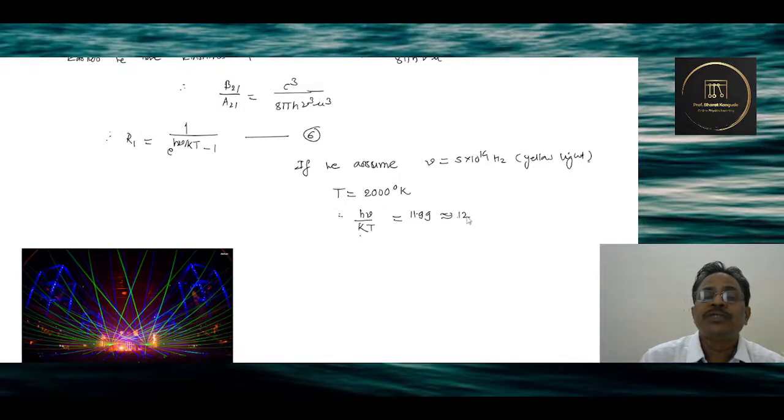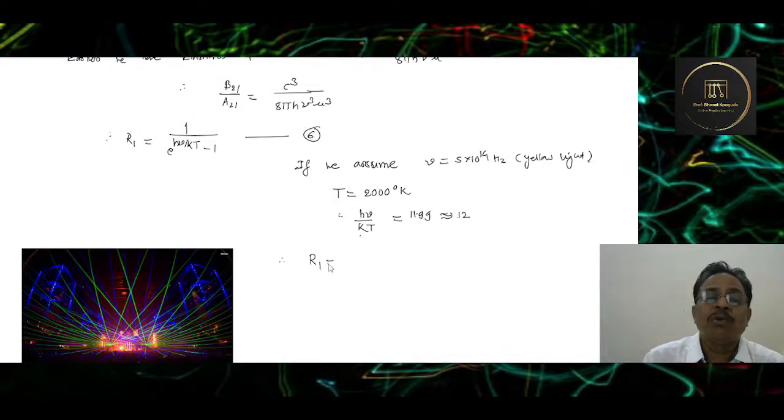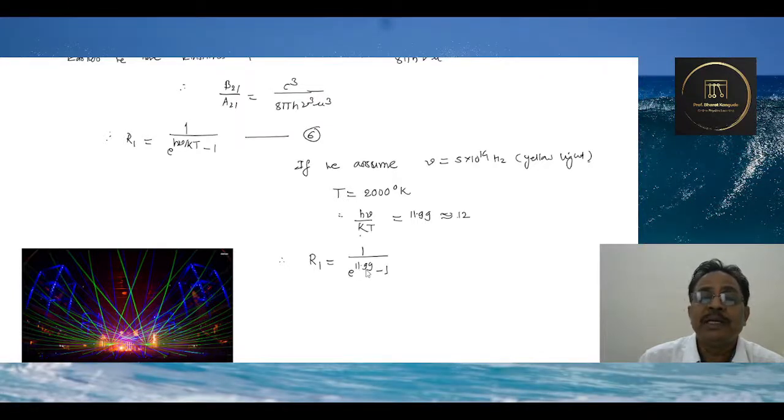So this calculation gives you this value, out of this index h nu upon kT comes almost equal to around 12, and therefore R1 in this case is 1 upon e raised to 11.99 minus 1. Now see this exponential e raised to 11.99 in the denominator is going to be a very large number, and this number 1 is very small compared to it.